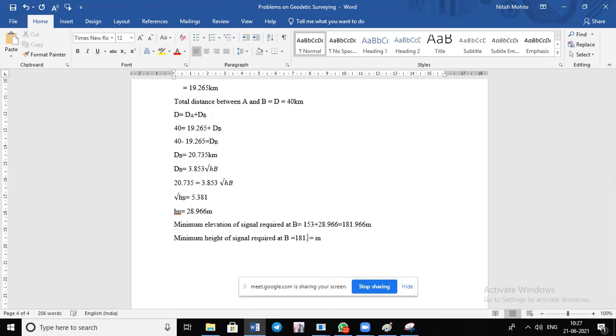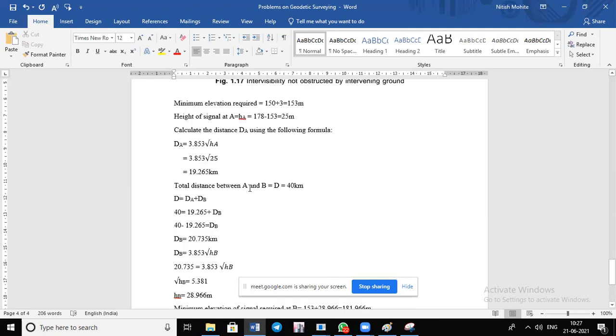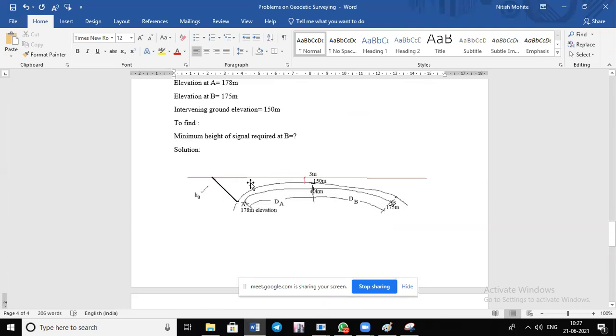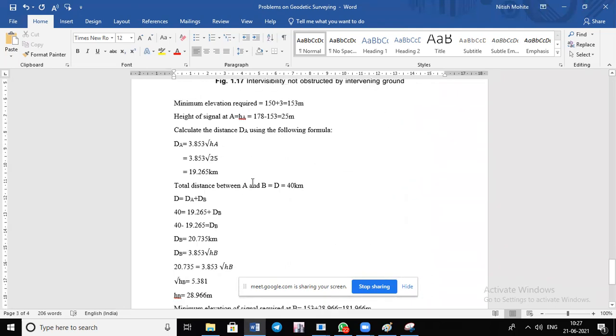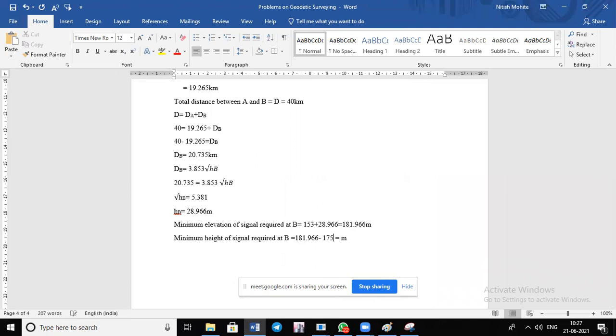So 181.966 minus the elevation 175 comes out to be 6.966 meter. So this is the minimum height required at station B. That is correspondingly dealing with the said problem.